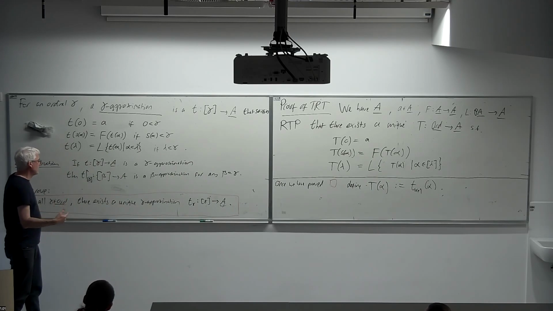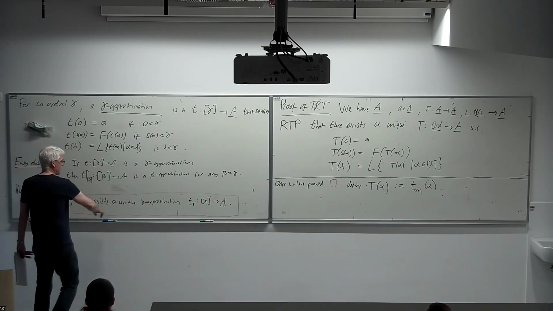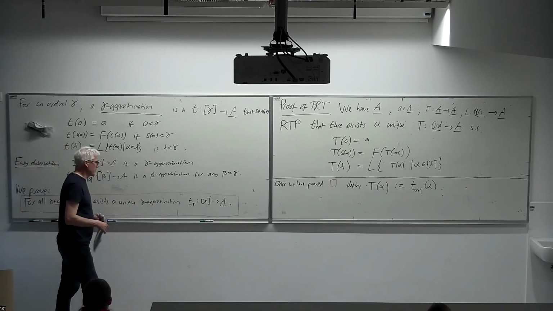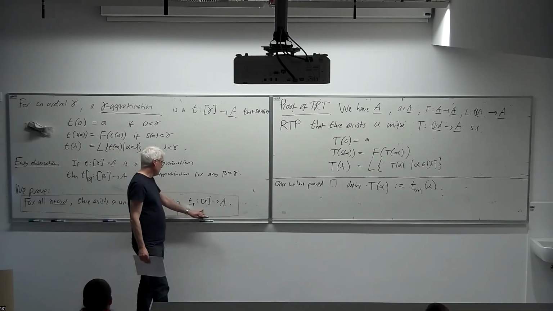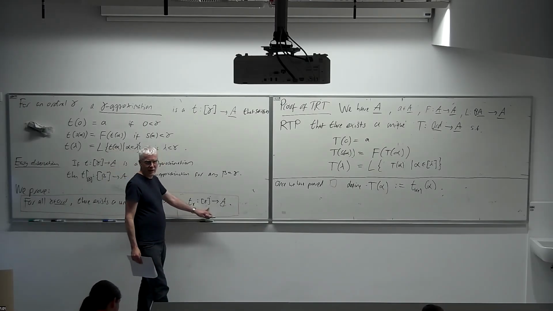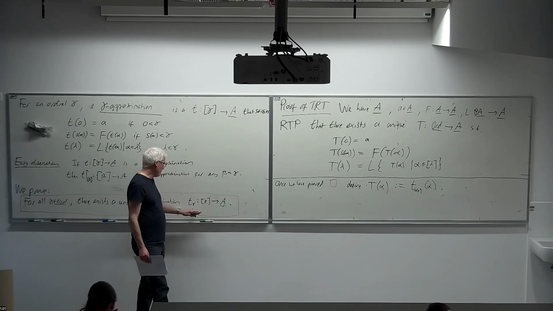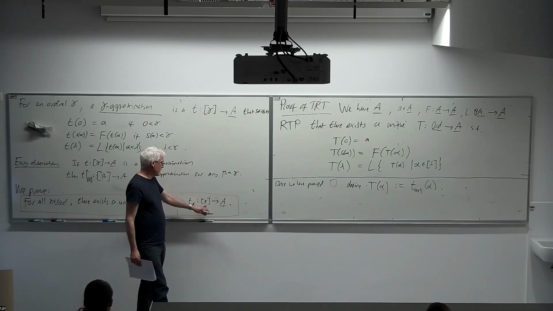For the step case, proving there exists a gamma approximation, we assume that we've got a gamma approximation for gamma, and we need to prove that we've got one for the successor of gamma.